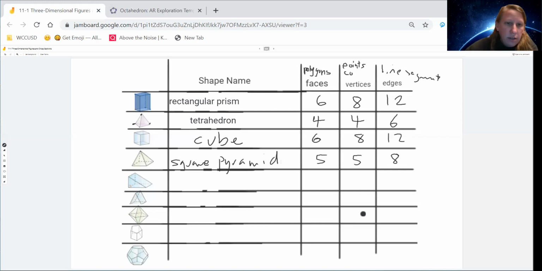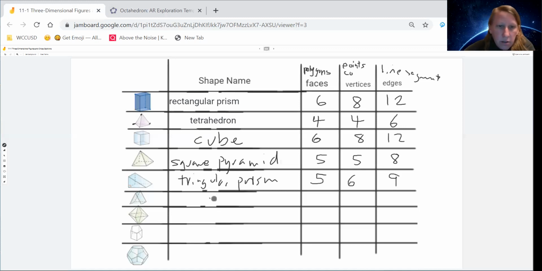This is going to be our triangular prism. It has 1, 2, 3, 4, 5 faces. It has 1, 2, 3, 4, 5, 6 vertices. And it has 1, 2, 3, 4, 5, 6, 7, 8, 9 edges.